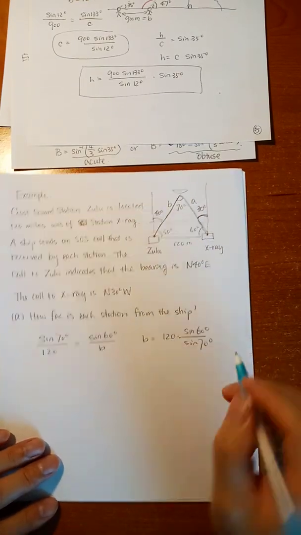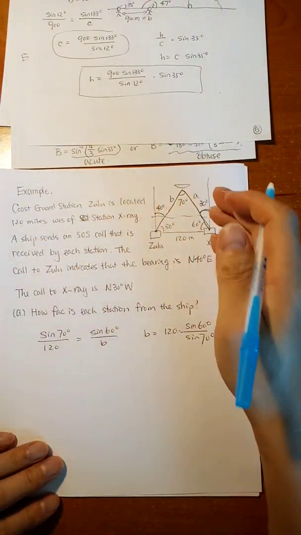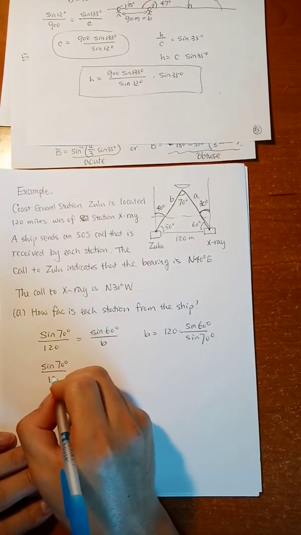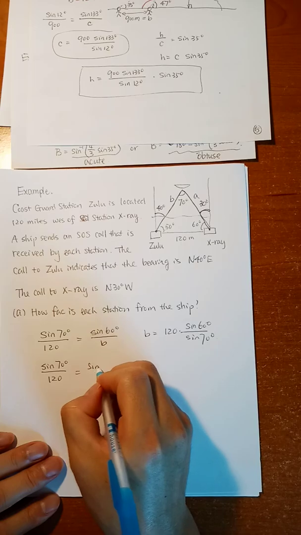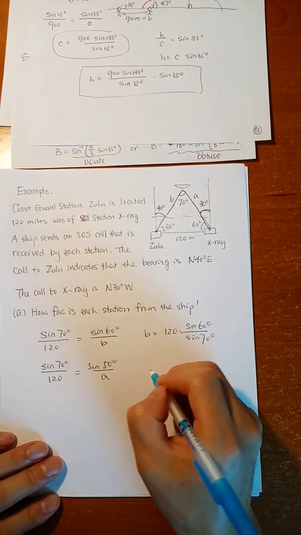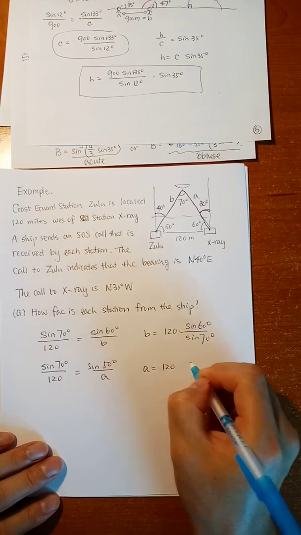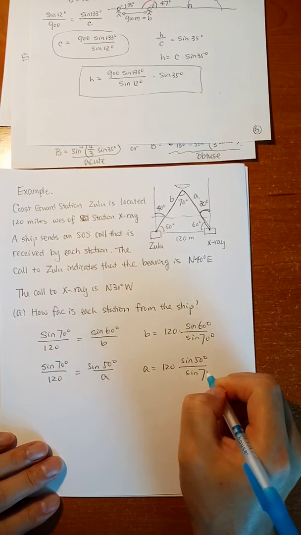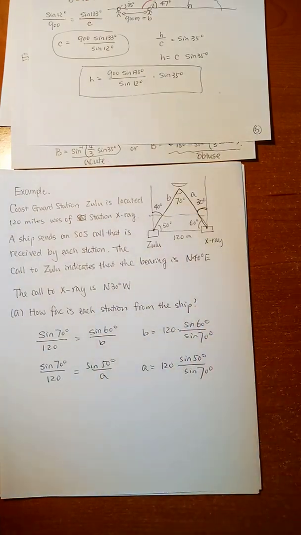This is B. Don't simplify. And if you want to compute A, then you get sine 70 degrees over 120 is sine 50 degrees over A, since A faces 50 degrees. So A is 120 sine 50 over sine 70. Okay, so those two are the distances. Don't simplify.